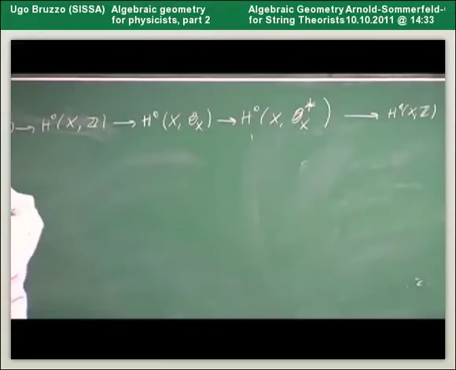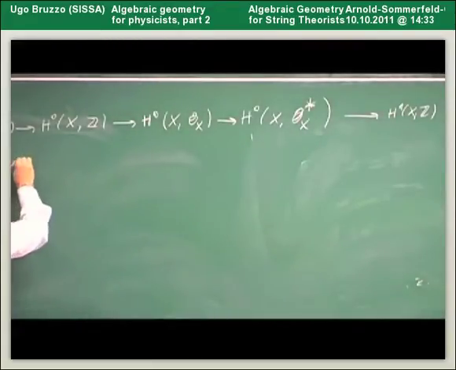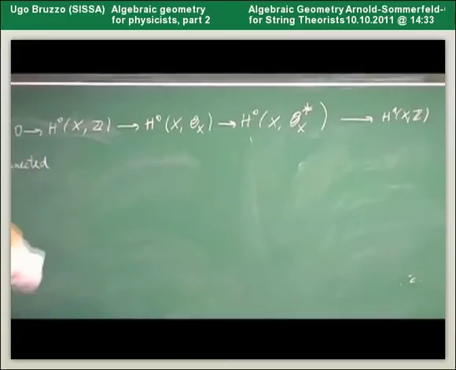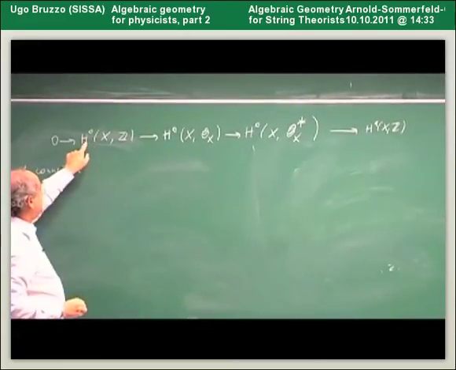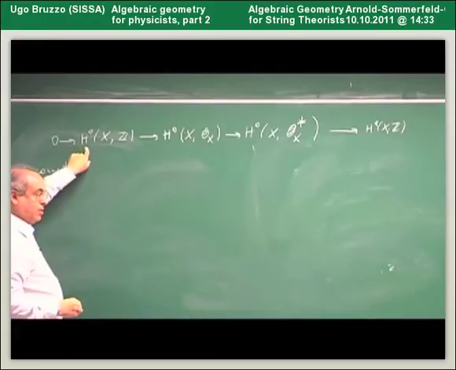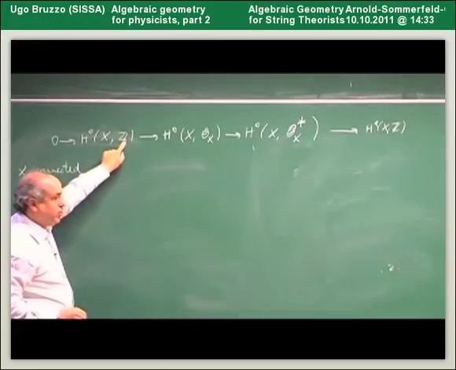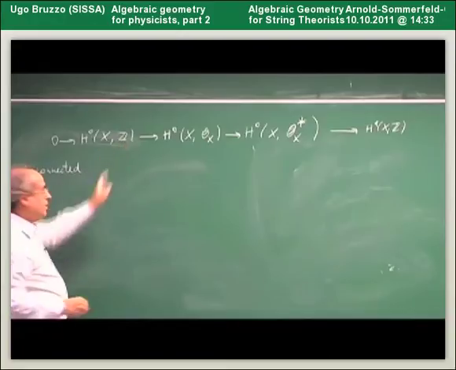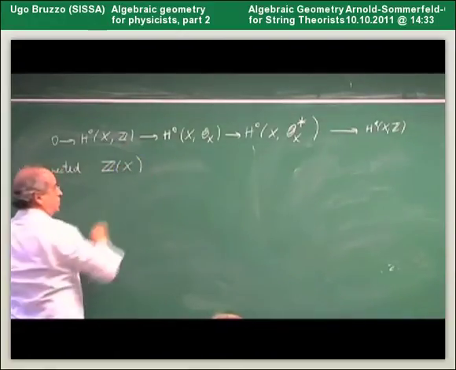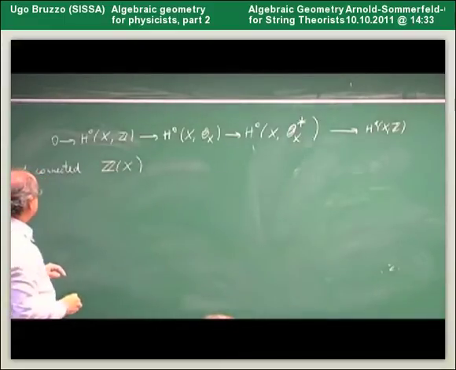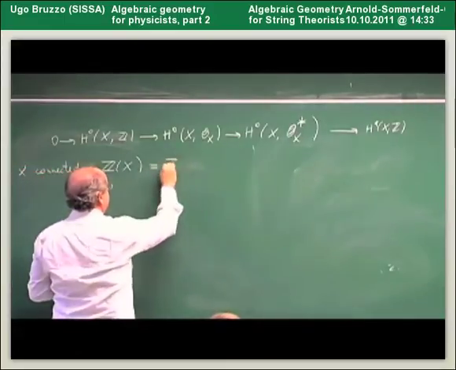So X connected, one should show this. This is an exercise. We didn't do that, but you could show that the zeroth cohomology group, whenever we put a sheaf here, is the sections over the whole space. And then this is Z.